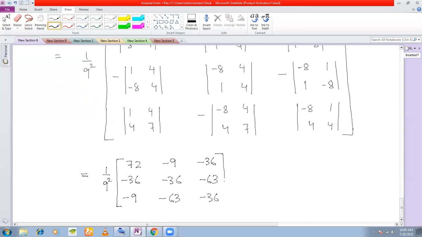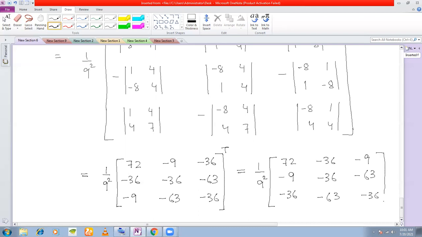This entire thing with a transpose. And now you take the transpose. So you get 1 by 9 square into 72, minus 9, minus 36, minus 36, minus 36, minus 63, minus 9, minus 63, minus 36.